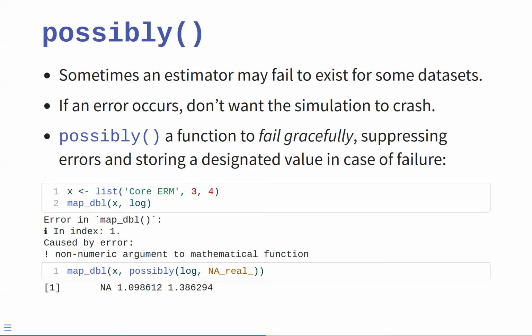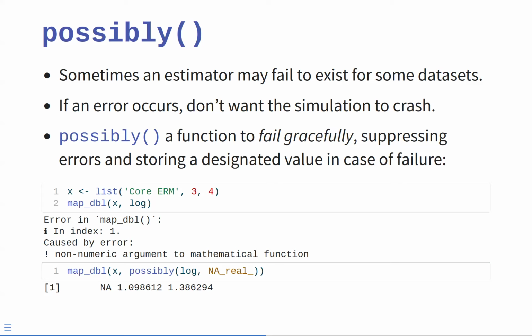This is a little aside, but sometimes there are estimators that could fail to exist for certain data sets. So what would be an example of this? Well, you might have to think a little bit hard, but let's suppose you have an instrumental variables estimator.